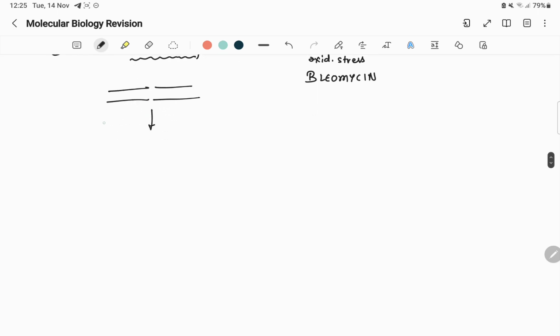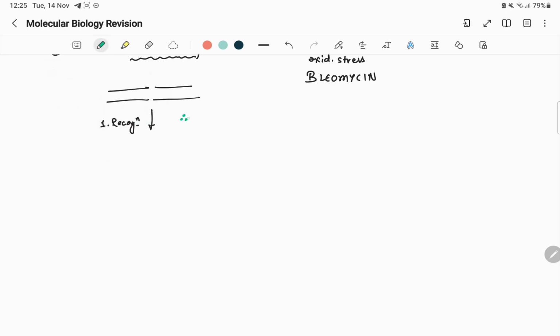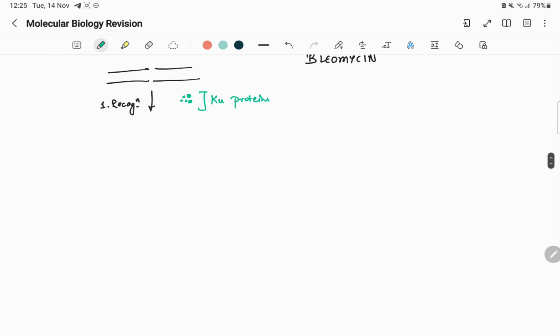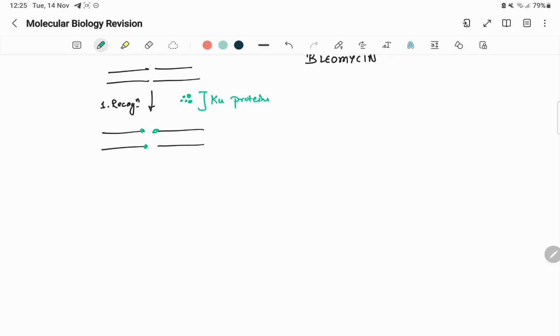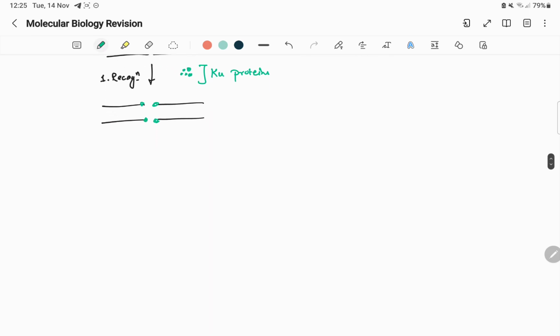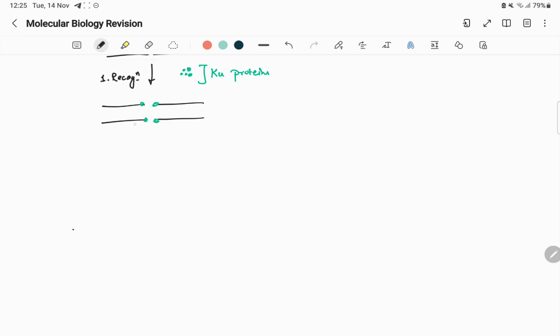So first you have recognition. For recognition we have a special type of proteins known as Ku proteins. If this is a DNA strand, the Ku proteins will bind to this part, and due to the binding an enzyme will come, that is DNA dependent protein kinase.